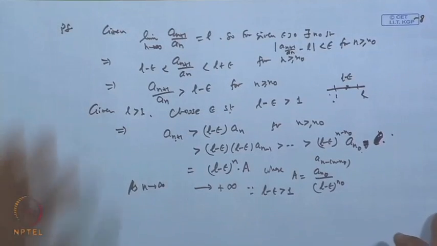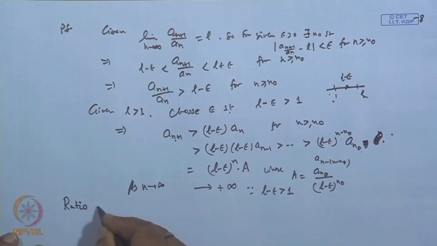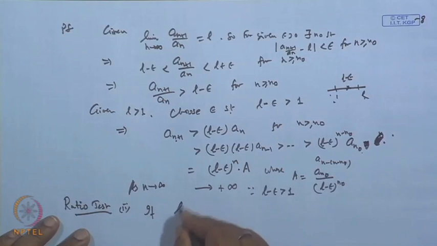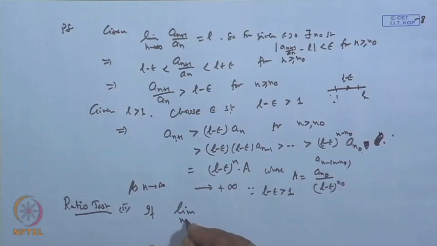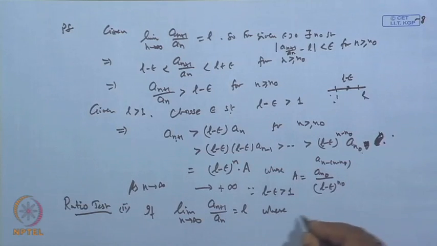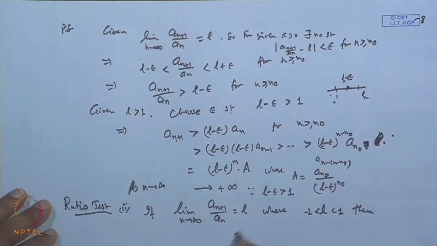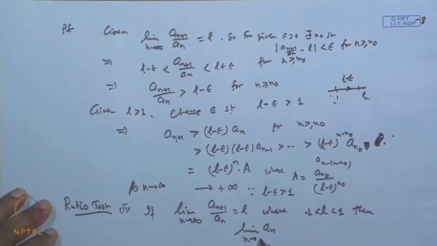Now, the second test says, the second part of this says that if the limit of a_(n+1)/a_n as n tends to infinity is L, where L lies between minus 1 and plus 1, then the limit of this sequence a_n as n tends to infinity will be 0.